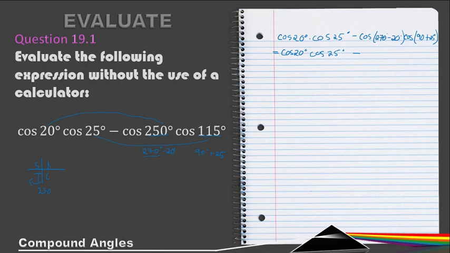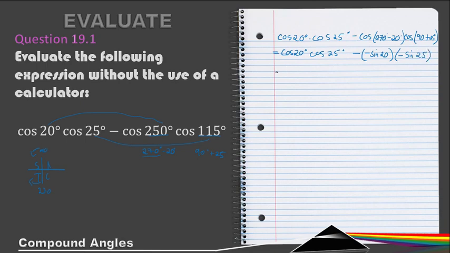So this means that this will become negative sine, because cos is negative in this quadrant. So negative sine 20. And then for cos of 90 plus 25, 90 is over here and plus goes this way. So that is sine's quadrant. So cos is negative there, and then it changes into sine because of the 90. And then we have that 25 over there.